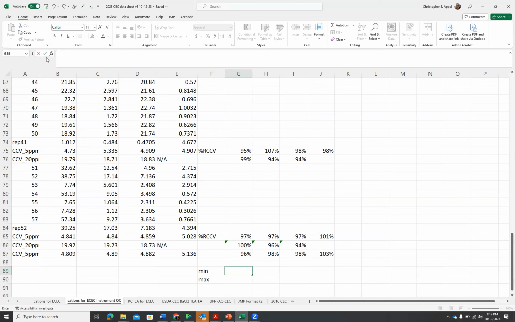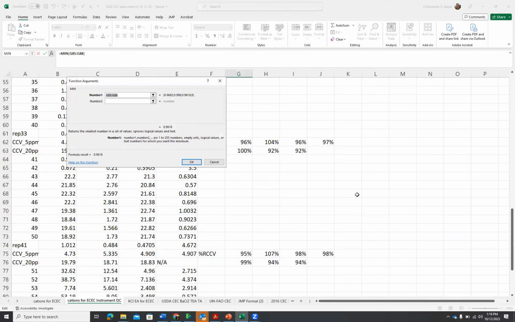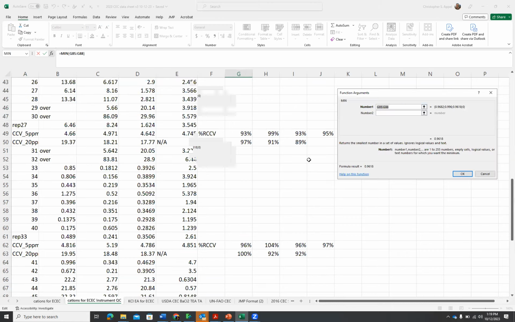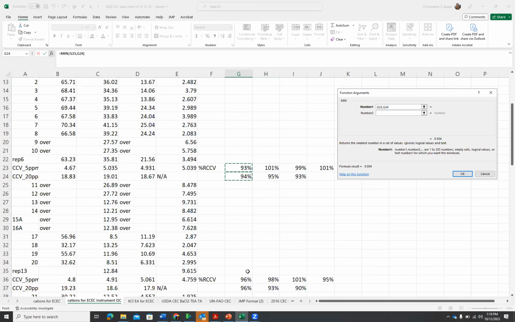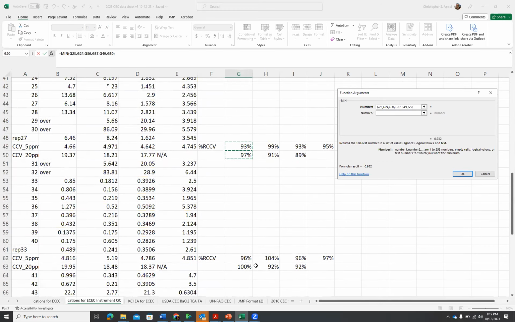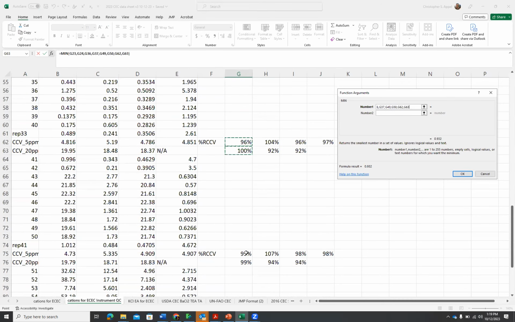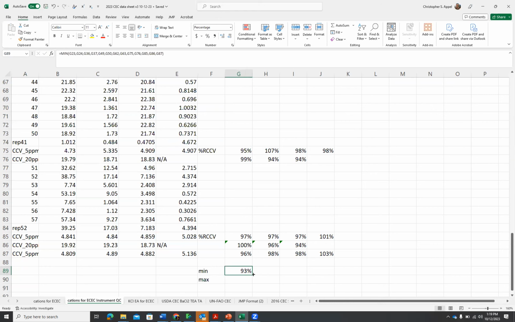You could try it. Go that across. Then do the same thing with the max.